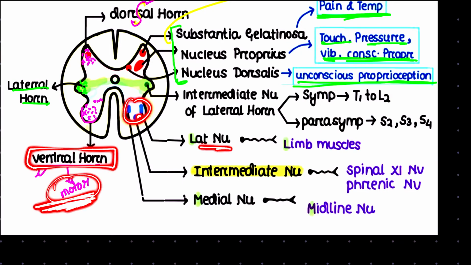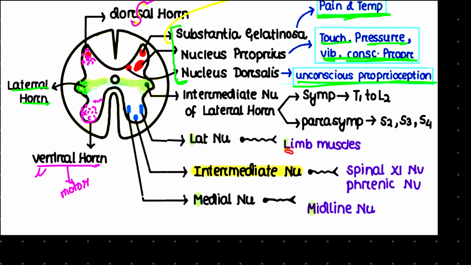So they will carry motor impulses to limb muscles. Similarly, the medial nucleus will carry impulses to midline muscles, such as the axial muscles.